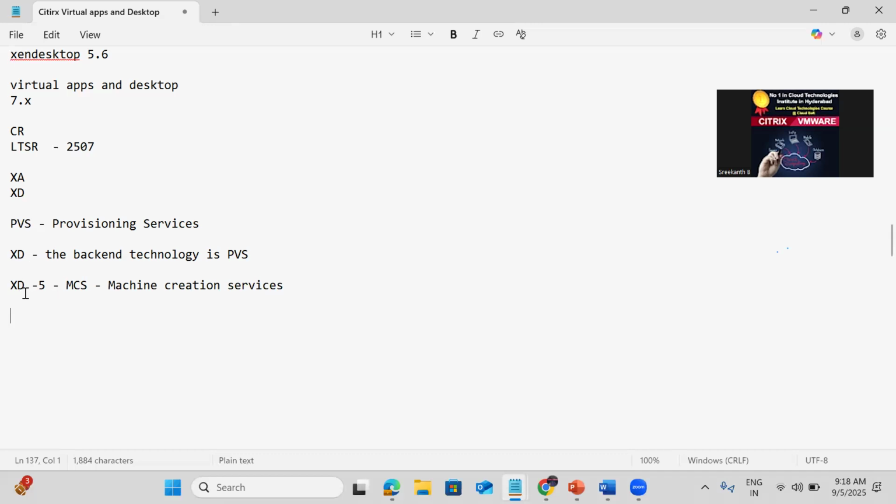MCS stands for Machine Creation Services. Previously for XenDesktop the base was PVS. Now, in XenDesktop 5 somewhere, or I think XenDesktop 4 itself, they added MCS. Both have their own advantages and disadvantages. Most companies are using both, and in the interview they will expect both, MCS and PVS. MCS is very simple compared to PVS, but we'll discuss both.